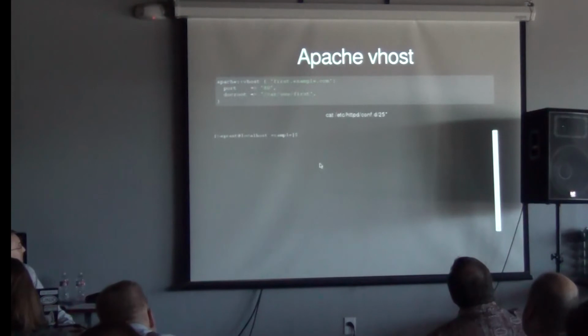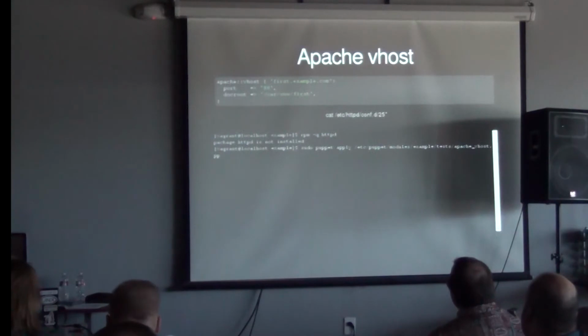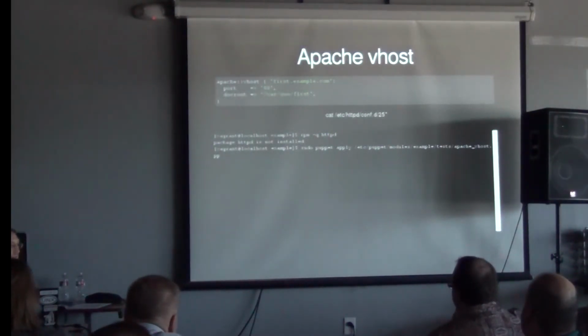Now, one thing to note is that we don't even have the HTTPD server installed. And hopefully this doesn't take too terribly long. But this example is going to not only install Apache and configure it and turn it on, but it's going to set up that virtual host, create the directory that's needed, and activate that configuration for us.